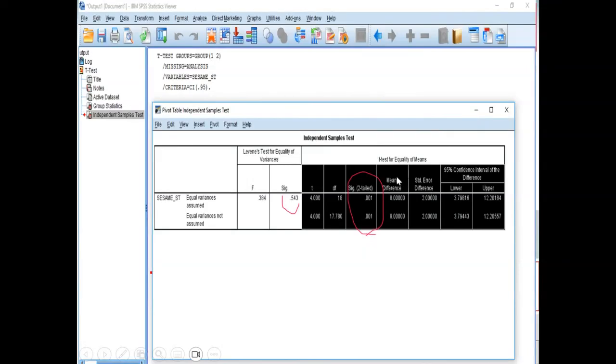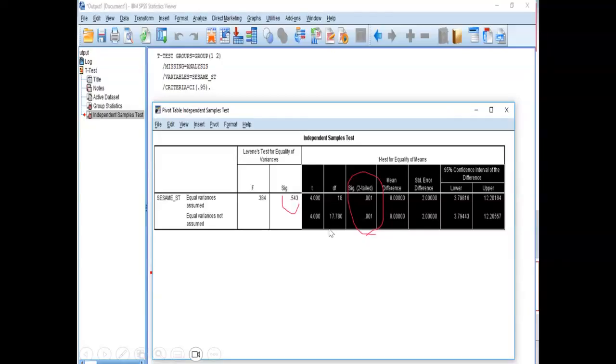Right there on the top right, a black table, 95% confidence interval. That tells us that alpha is 5% in percent and 0.05 in proportion. So yes, alpha is 0.05 and 0.001 is less than 0.05.